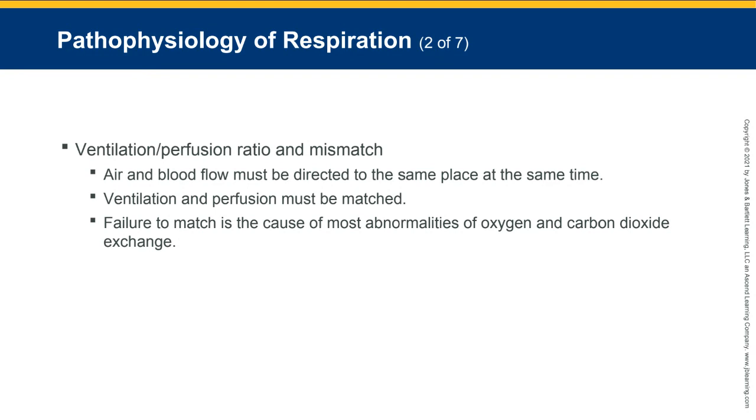And perfusion is the exchange of oxygen and nutrients, and the removal of carbon dioxide and waste from the body for the purpose of metabolism. So failure to match is the cause of most abnormalities of oxygen and carbon dioxide exchange.